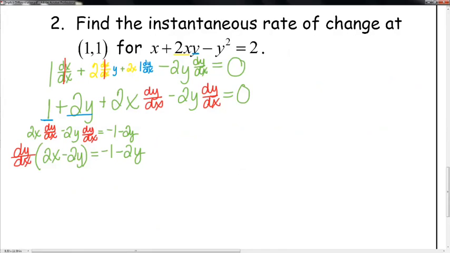Alright, at this point let's go ahead and plug in, because numbers are a lot easier to work with. So I have dy/dx times, well, x is 1 and y is 1. So I have 2 times 1, which is 2, minus 2 times 1, which is 2, is equal to negative 1 minus 2 times 1.